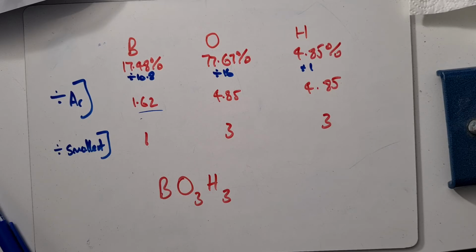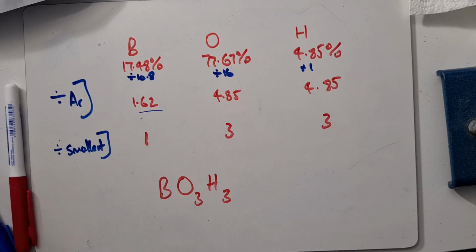Okay, part C, part 2. The molecular formula of compound A is the same as the empirical formula. Suggest an equation including state symbols for the reaction between BCl3 and water.